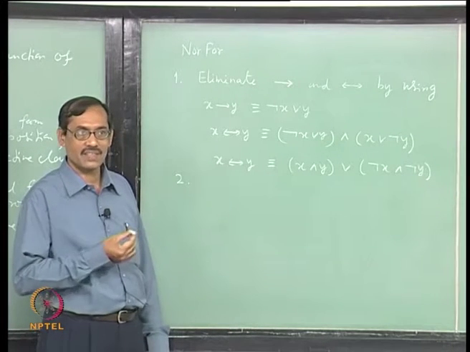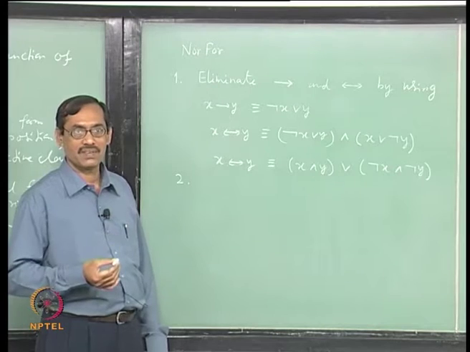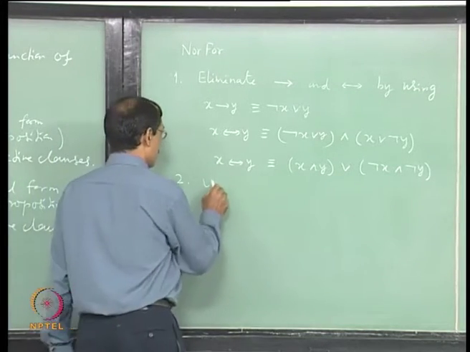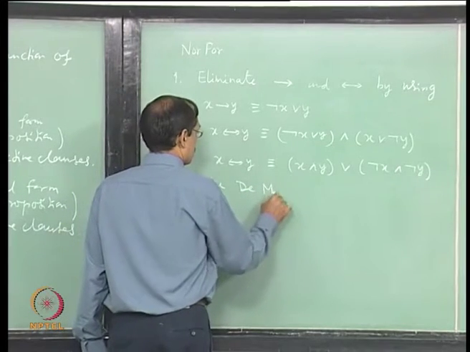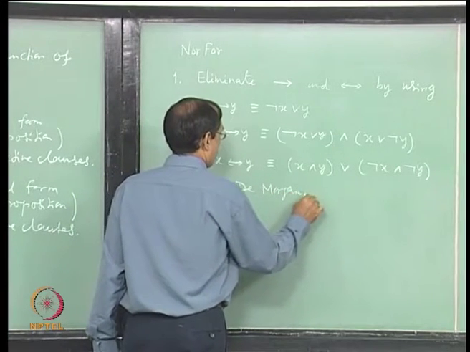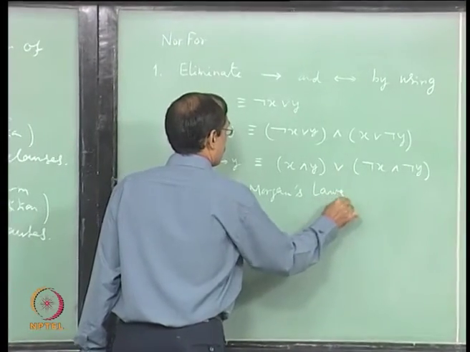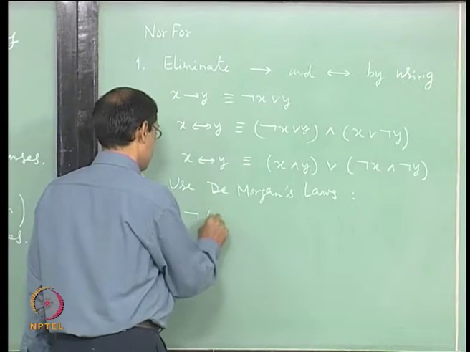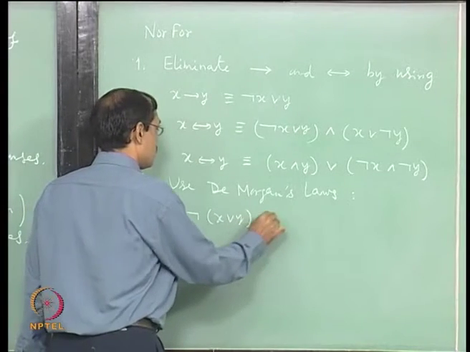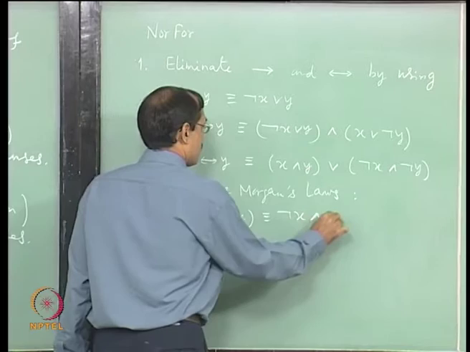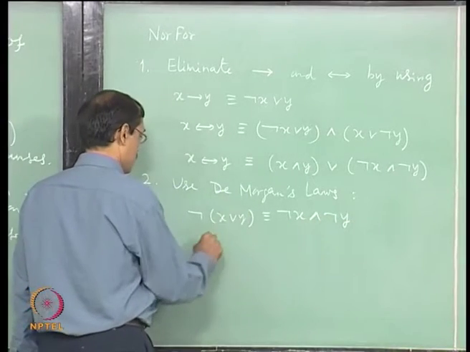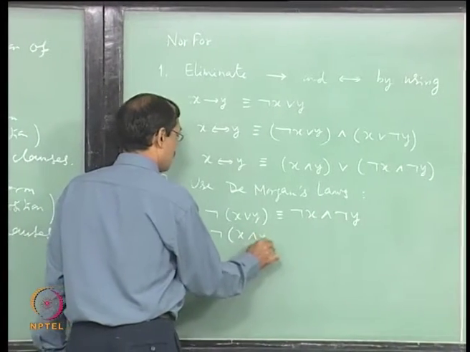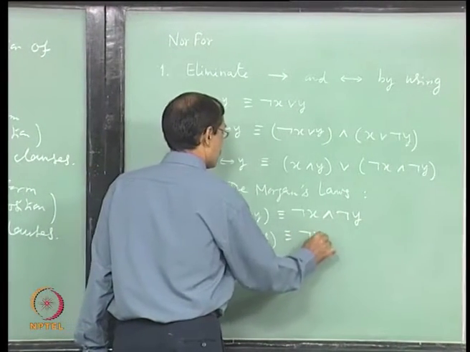So, you have to take the negation symbol near the propositional variable, fine. So, use De Morgan law. What are the laws? Not of x or y is equivalent to not x and not y. The other one is not of x and y is equivalent to not x or not y.